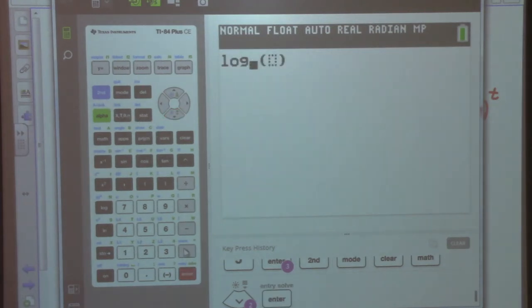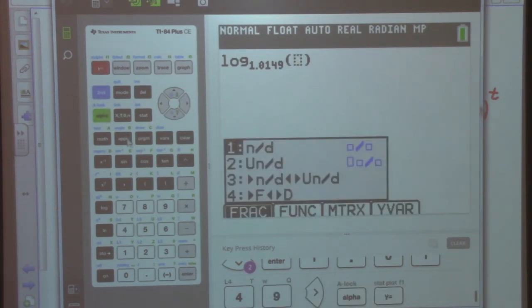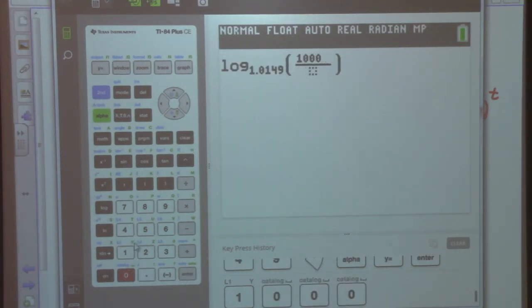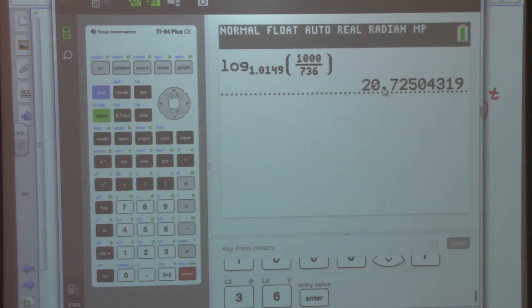You press this, so you go base 1.0149 of, we'll put, was it 1,000? Yes, 1,000 over 736. Do you get the same thing here?